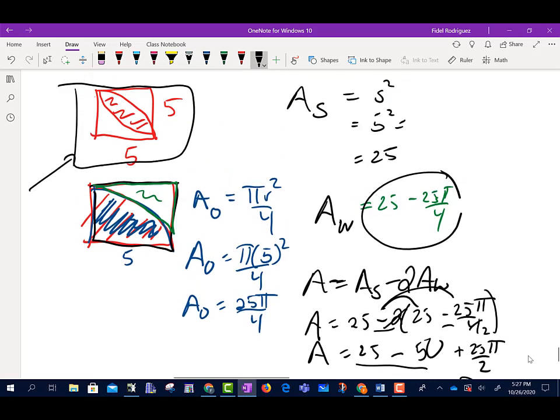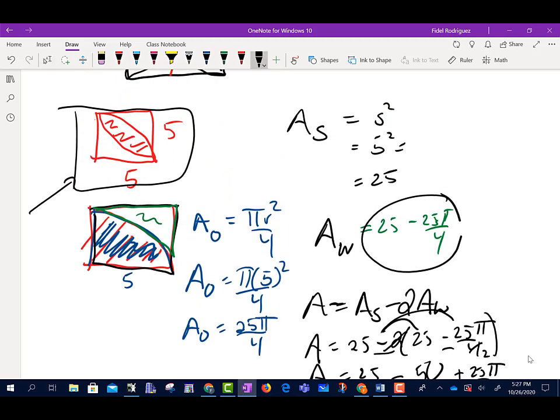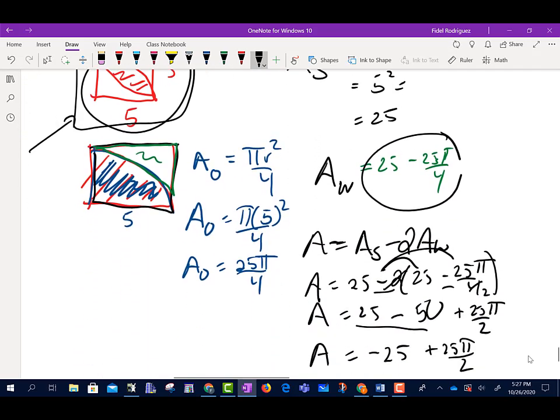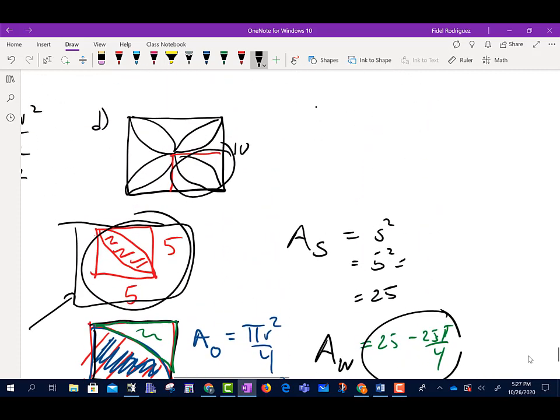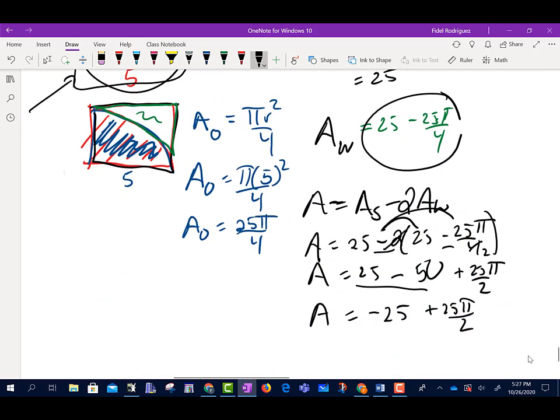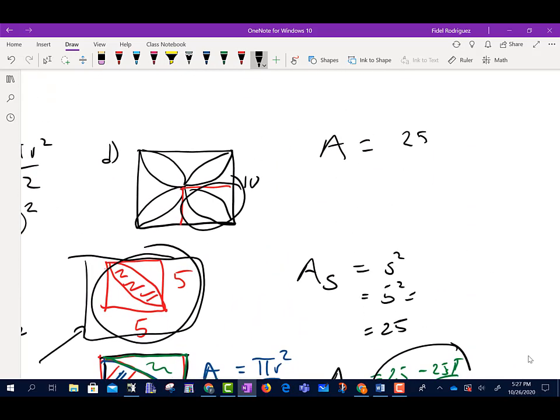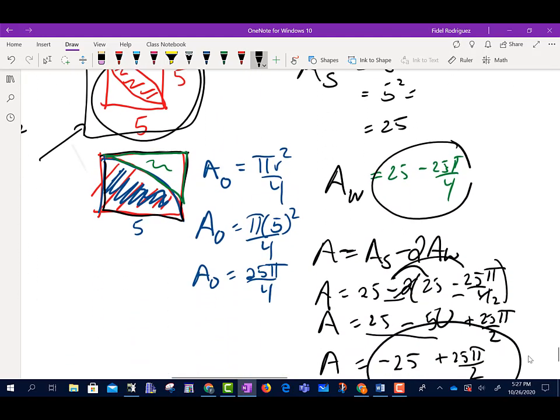So what we did is we found the area of one of these regions right here. Okay. And that area ended up being, let me write it down here for you all. I'm just going to rewrite it, guys, where the positive one comes first. So I'm just going to switch these two. 25 pi over 2 minus 25, okay?